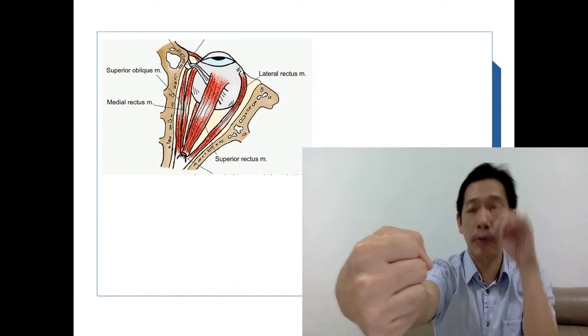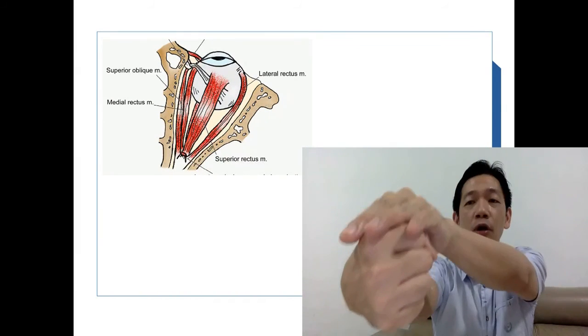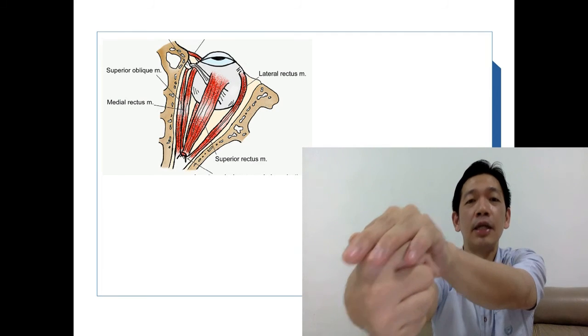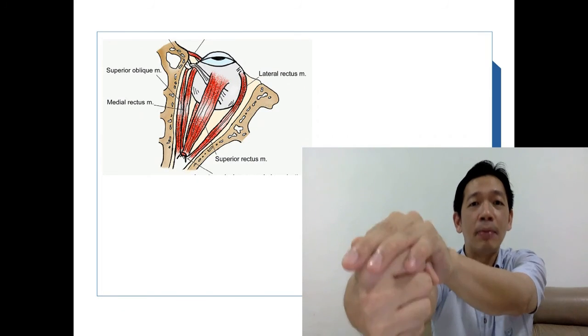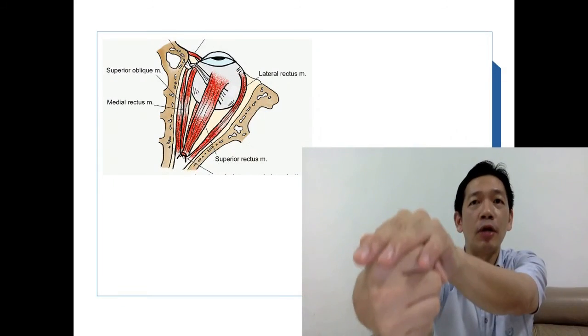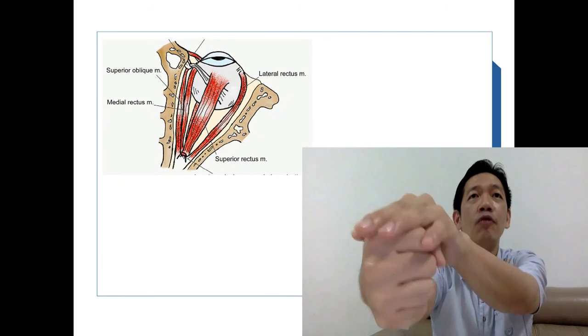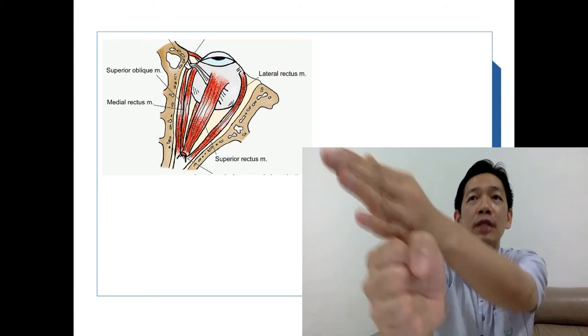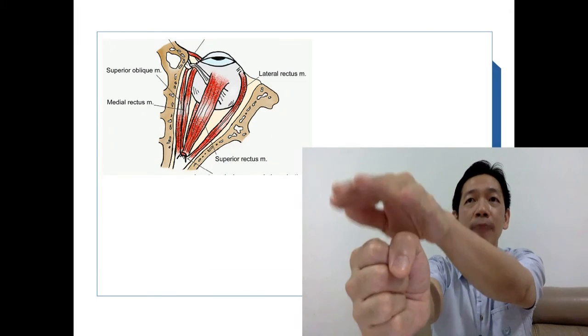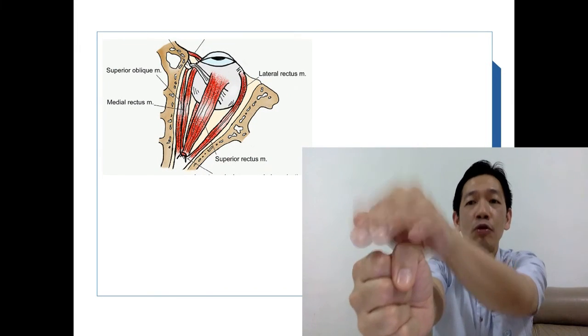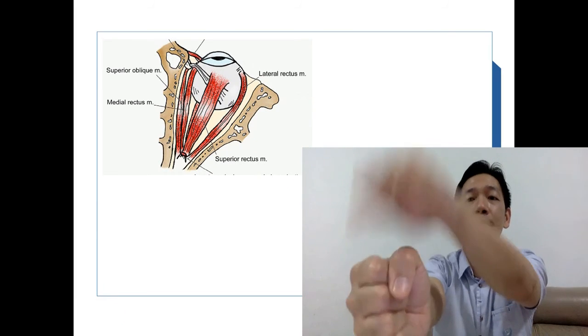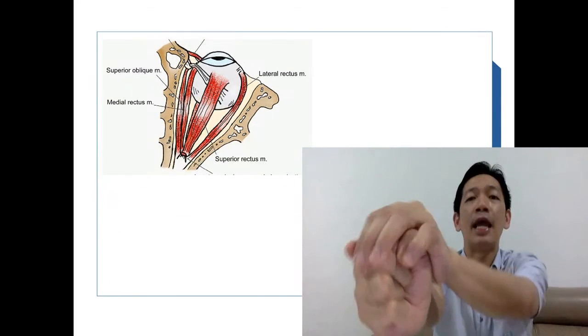Imagine that your superior rectus muscle has a 21 degree angulation. For maximum elevation, the orientation of your eyeball should be 0 degrees to your muscle. That means you should move your eyeball to the 0 degree of your superior rectus muscle. Then only can your superior rectus muscle do the maximum job of elevation.